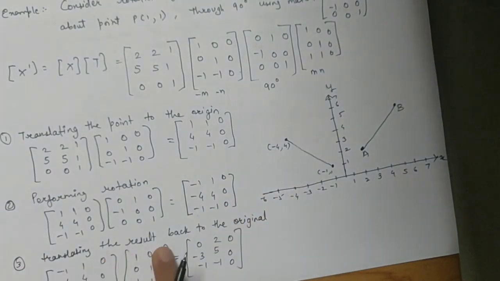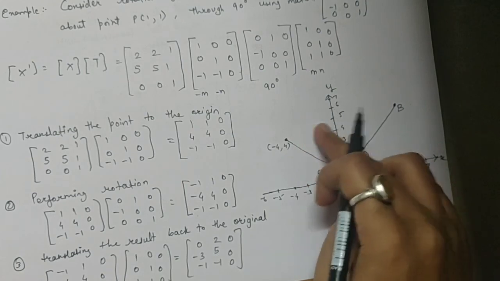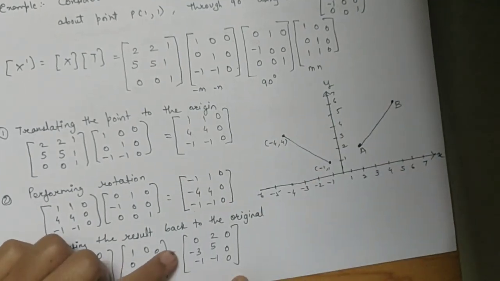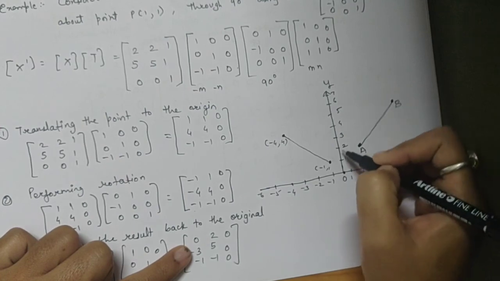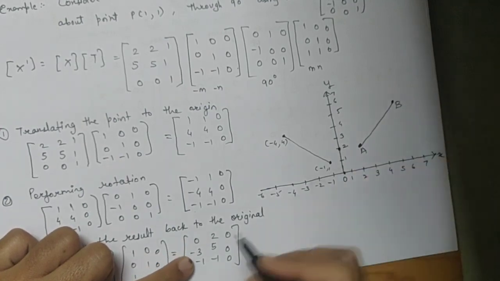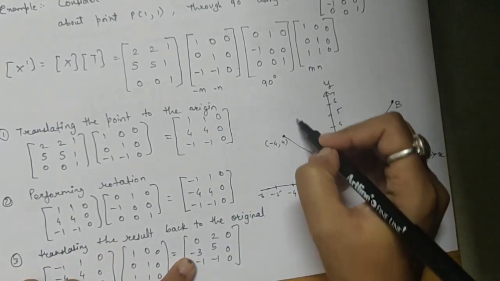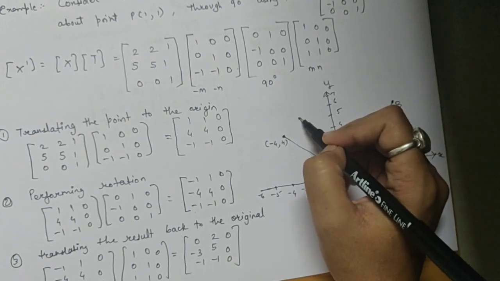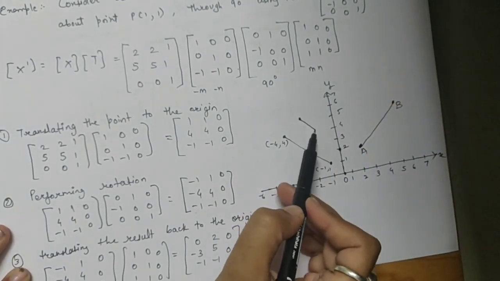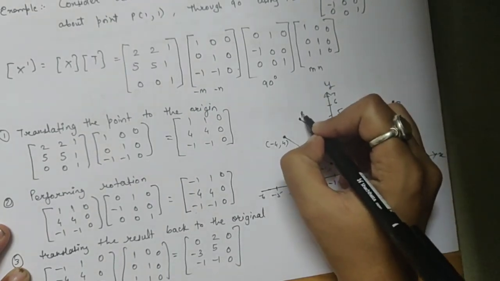Now translating the result back, I want to translate this line back to the original center. So now I have got the points (0,2) and (minus 3, 5). So this is my final line, and I will name it A star and B star.